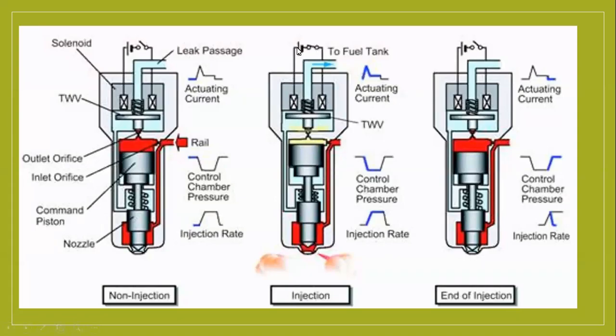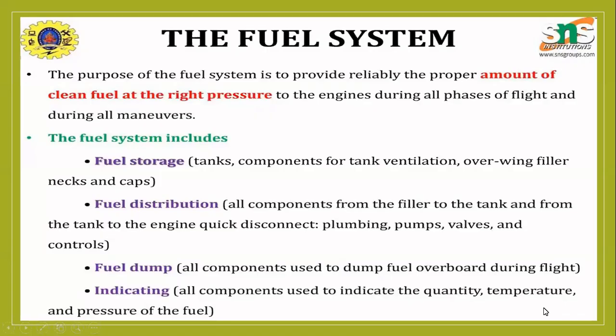So you see this is the electrical or electronic control, for the injection time and injection rate. The diagram may change a little after the injection, but don't worry too much about this. There are 3 stages: non-injection, injection, end of the injection, right?